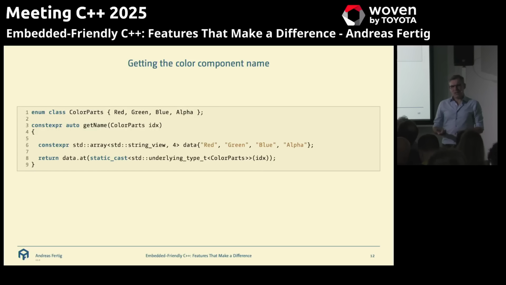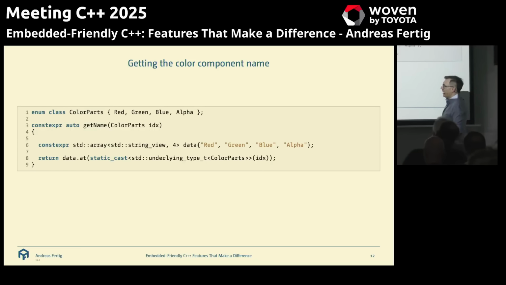Yeah, the next thing is, to really do that the right way, you have to write this longish, beautiful static cast. So you have to fetch the underlying type of your enum because you never know what the underlying type is. It's either what you specified, or if you didn't specify, it depends on the largest member in your enum.